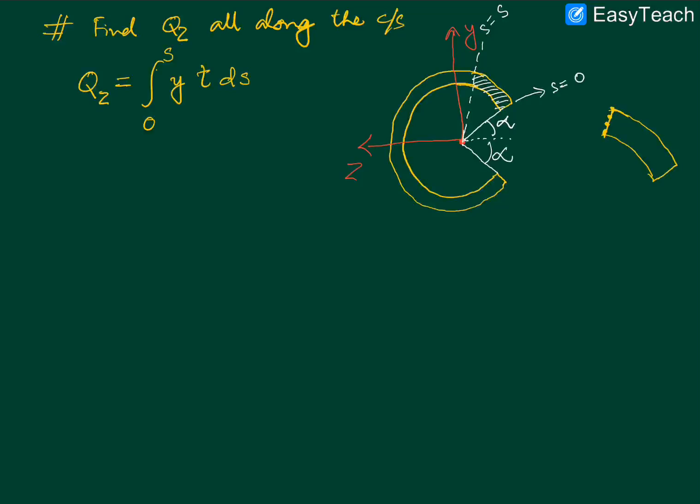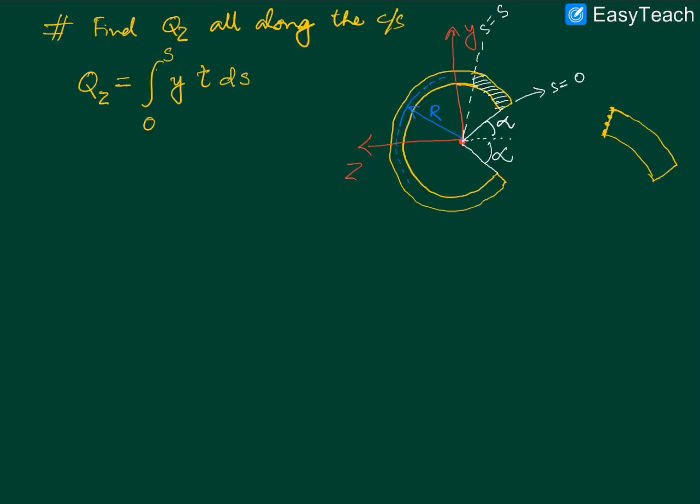So if we say that the average radius of this section is capital R, we are only going to look at points located along this arc, which would be passing somewhere along the middle of this very thin cross section.